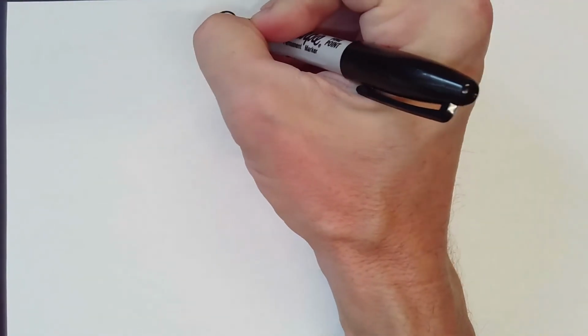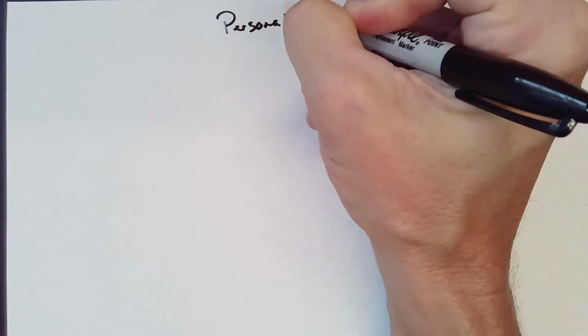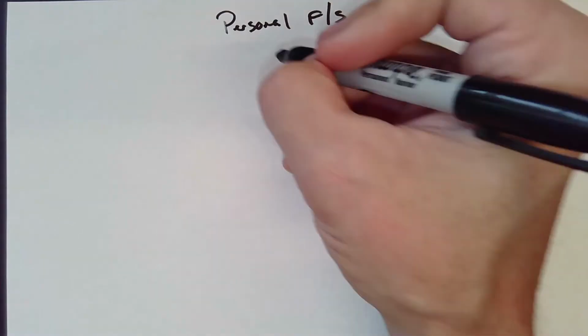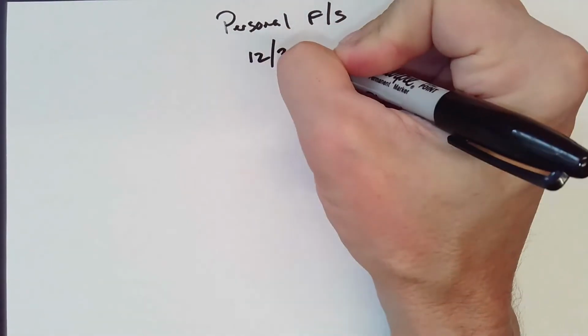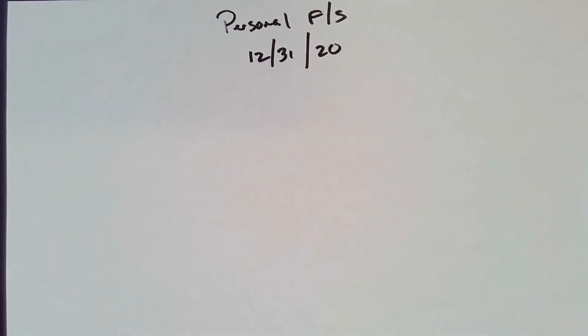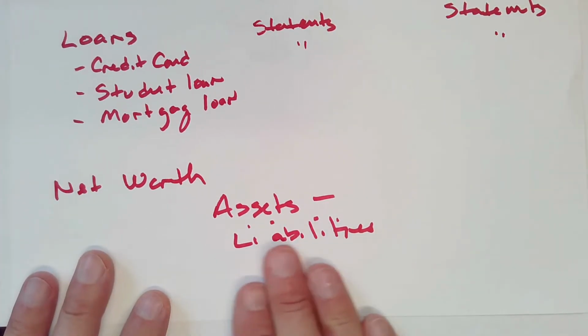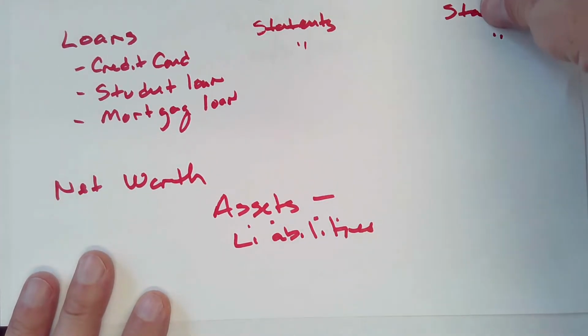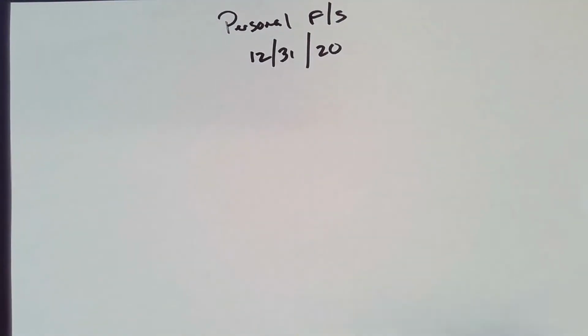So again, we're dealing with your personal financial statements as of 12/31/20. And so now we want to start thinking about what potentially changed your net worth. All right? And there's a couple of things that are happening here that you wouldn't normally see on a regular financial statement that's executed.